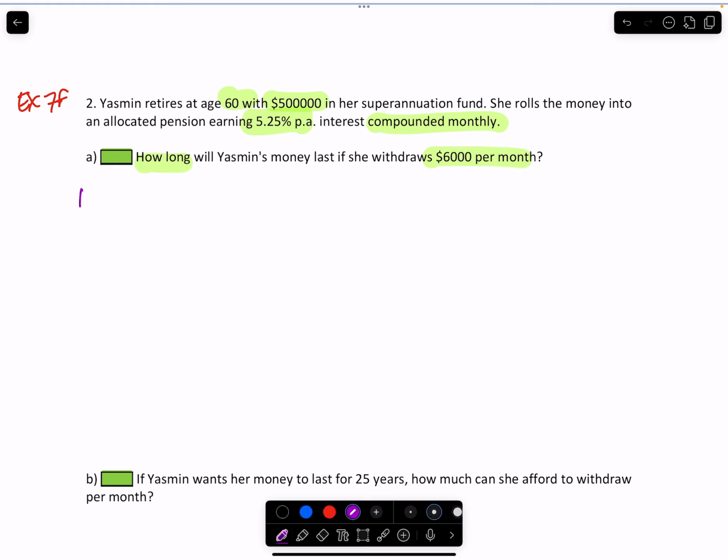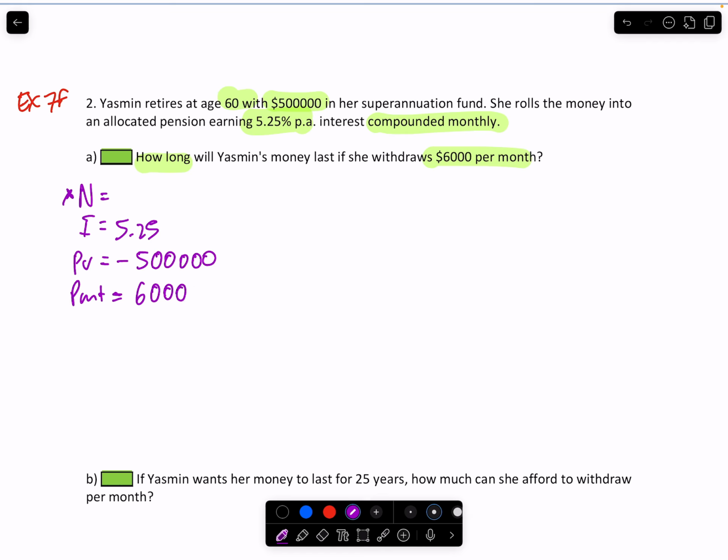So N is what we're solving for. The interest rate of her pension fund is 5.25%. She started off with 500 grand in there, so negative 500,000 because it's in the bank. PMT, we've been told she's withdrawing 6 grand, so it's positive 6,000 because it's coming from the bank to her. It says how long is it going to last?